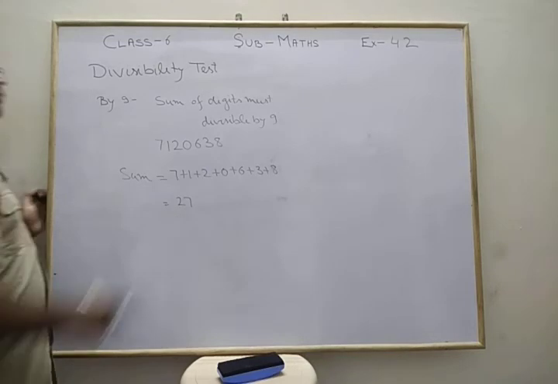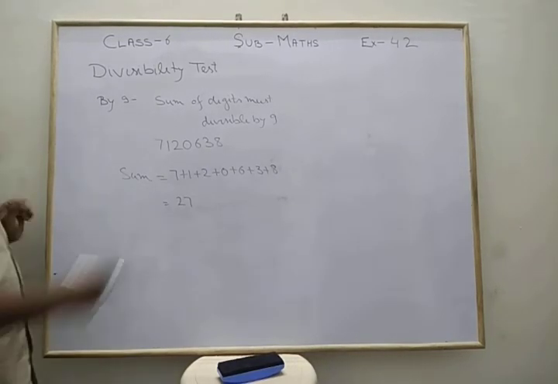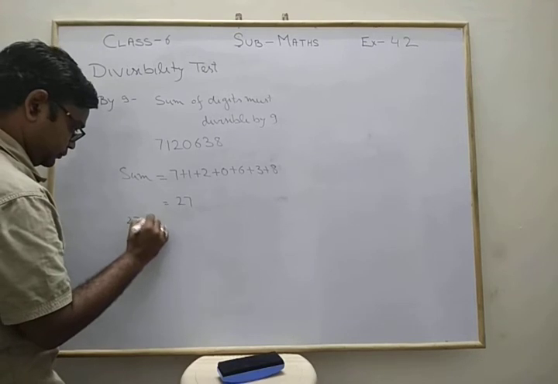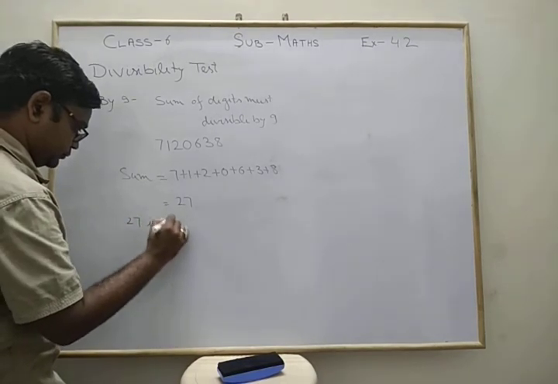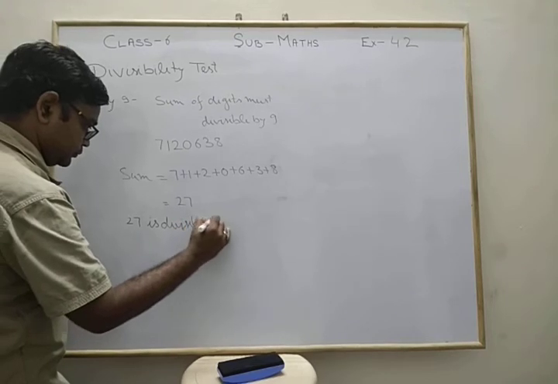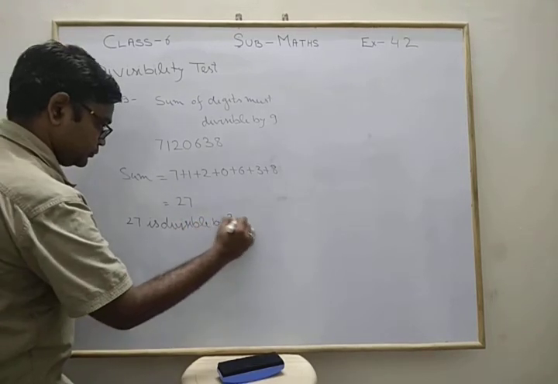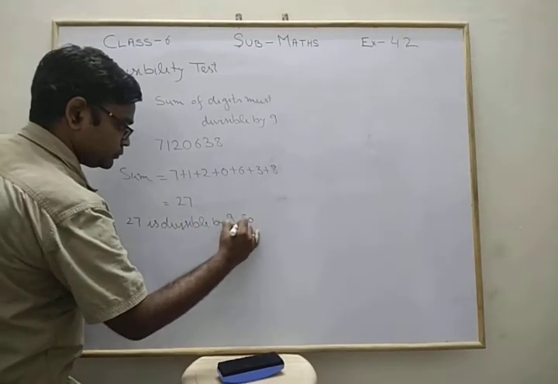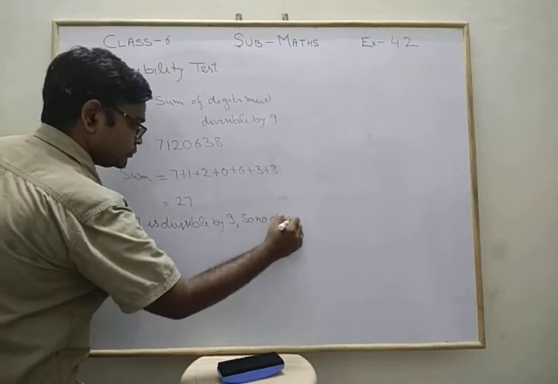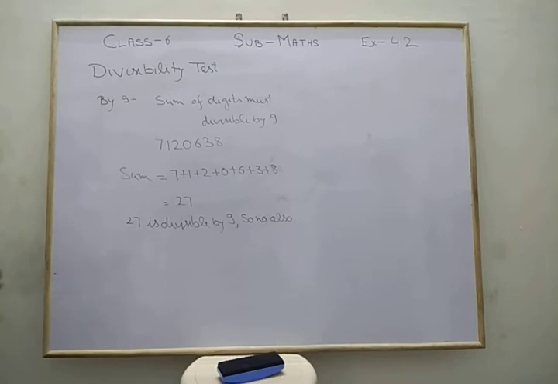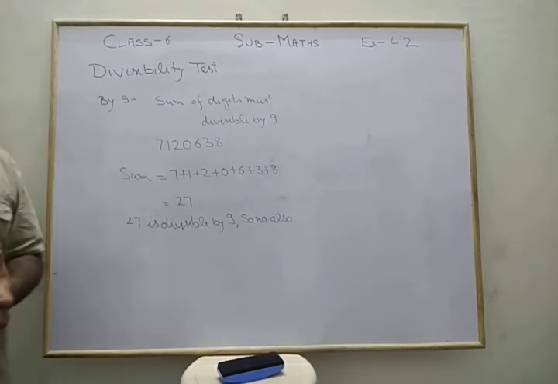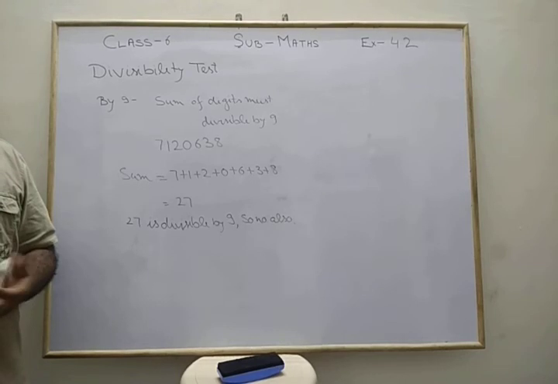And this 27 is divisible by 9, since 9 threes are 27. So the number is also divisible by 9. This is the easiest one.